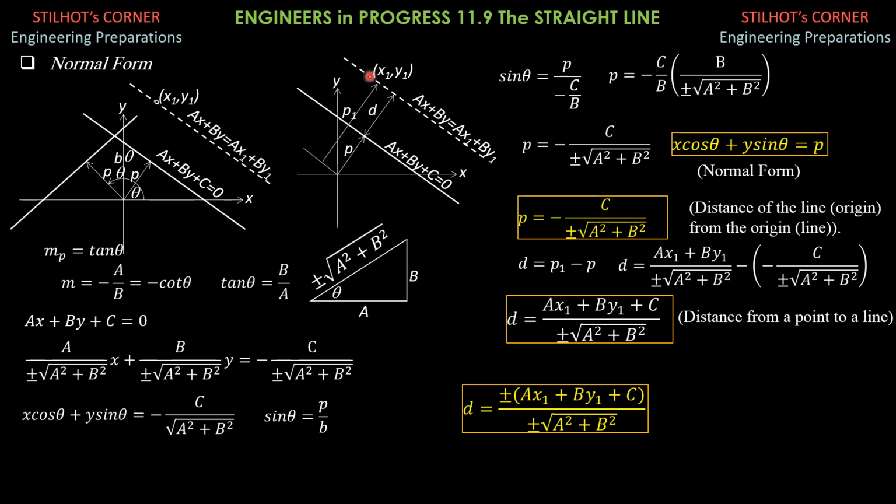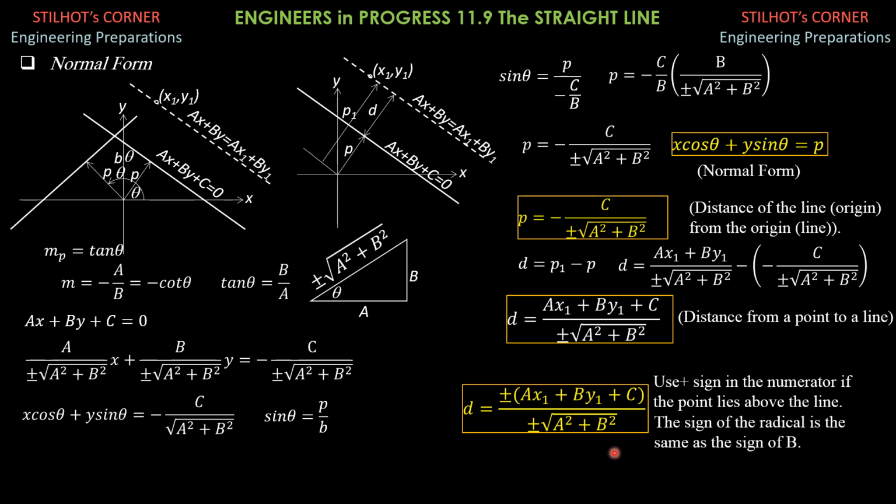If the point lies above this line here, then use plus as sign. Then if it is below, use minus. The sign of the radical is the same as the sign of the coefficient of y, which is b. Again, the sign of the radical is the same as the sign of b.